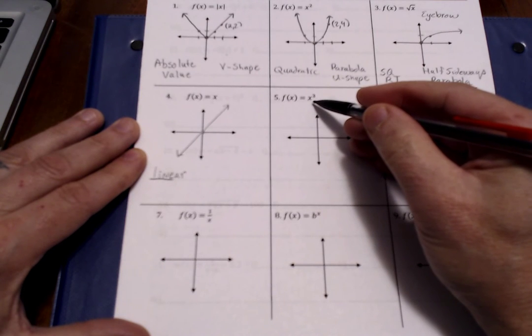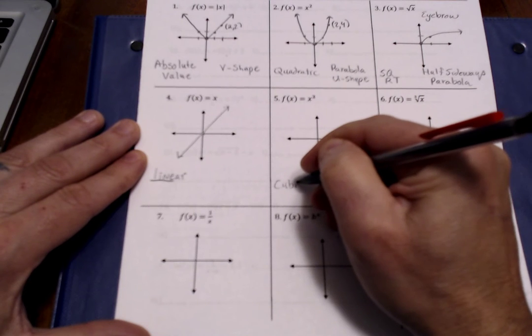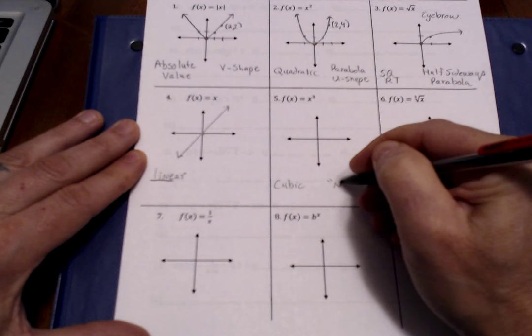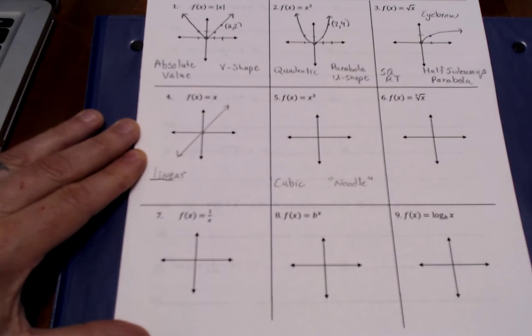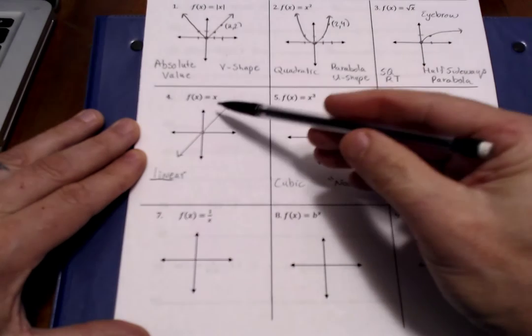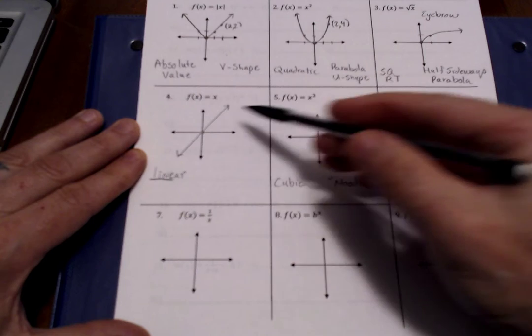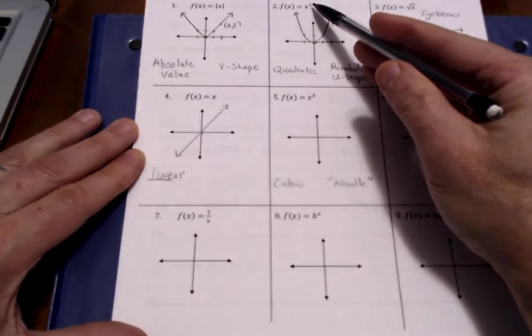Next up is x cubed. That's known as a cubic. Its shape is what we called a noodle. Remember, if you look at basic functions like x squared, x cubed, you can tell its end behaviors based on whether the degree is odd or even.